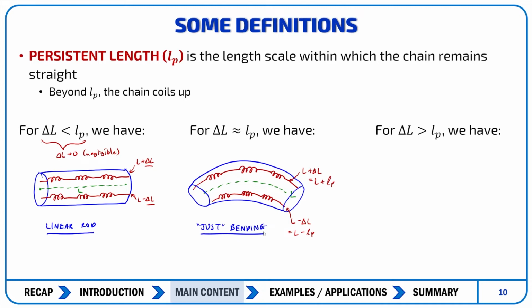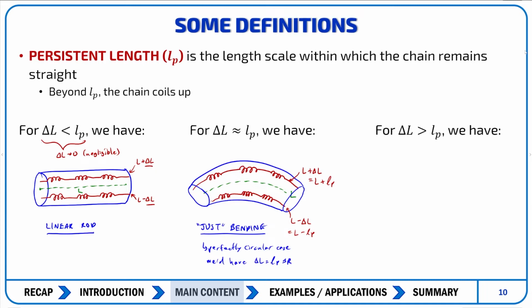So in a perfectly circular case, we'd have delta L being equal to LP, which is approximately equal to the radius of curvature.